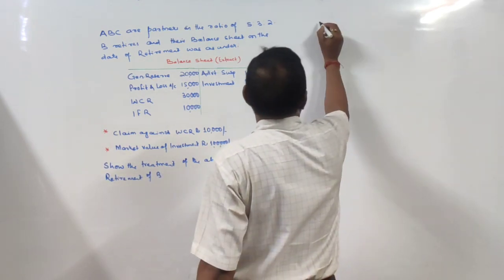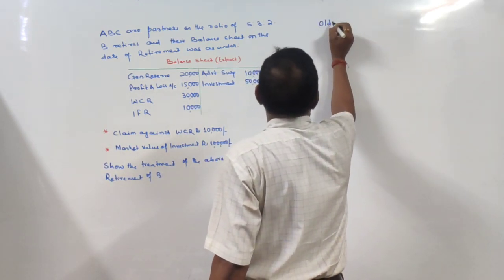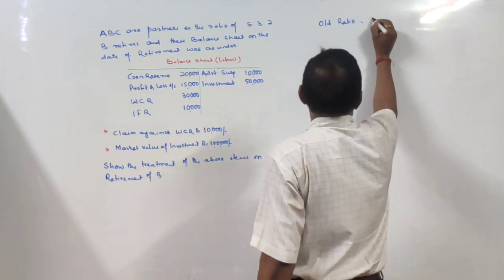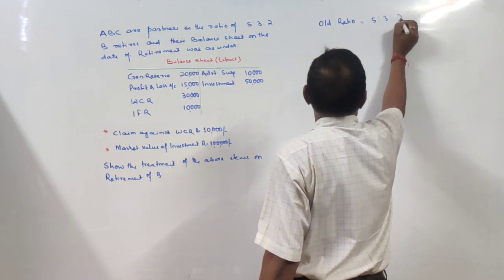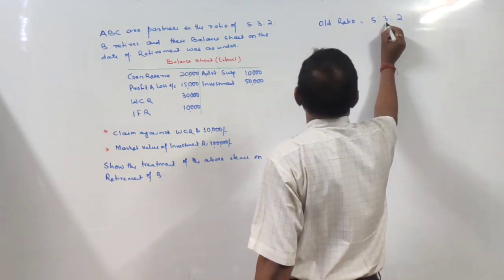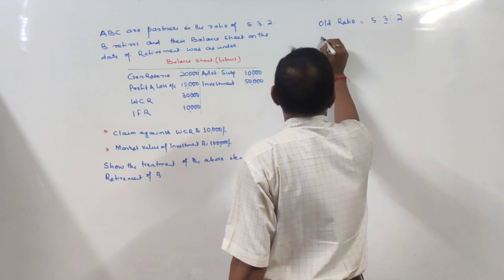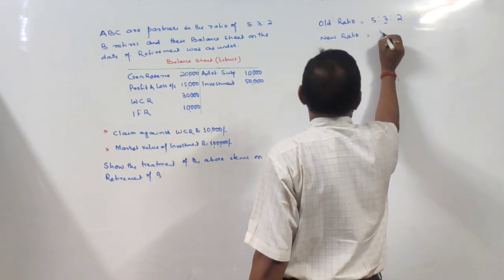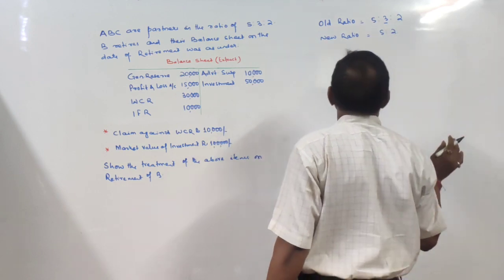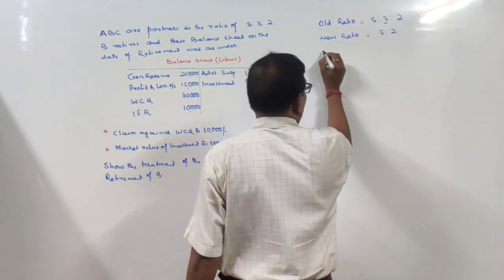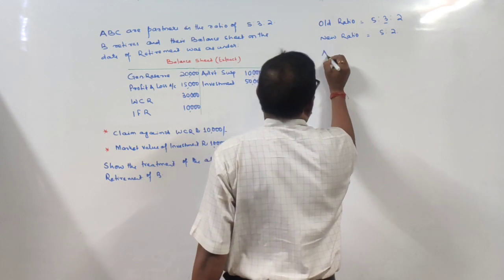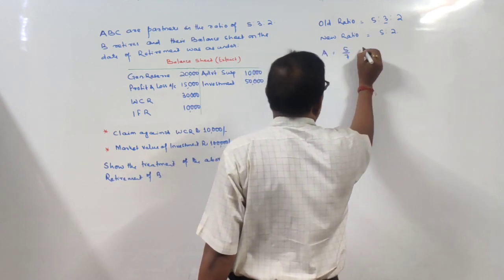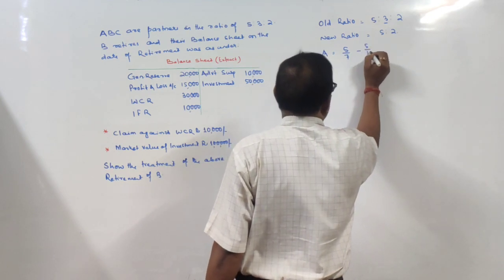Now see, the old ratio between A, B and C was 5:3:2. Right? Now B retires. So the new ratio between A and C will be 5:2. Right? So now we calculate the gaining ratio. A is getting 5/7, previously was getting 5/10.